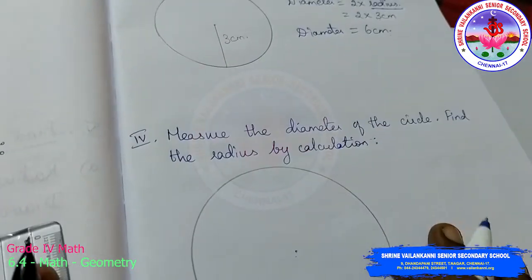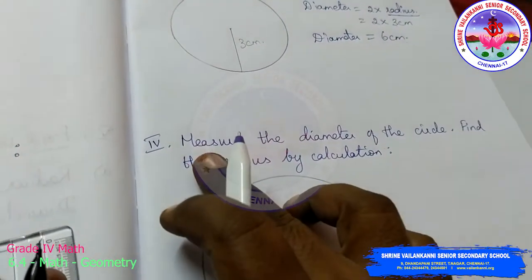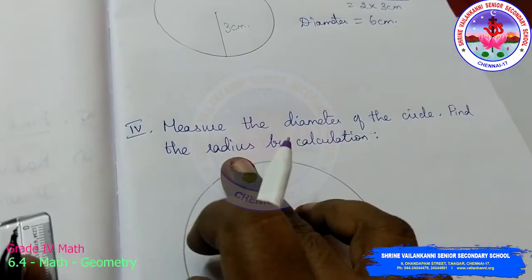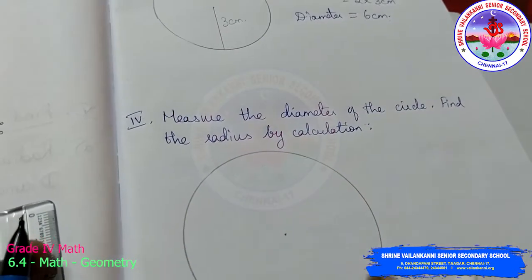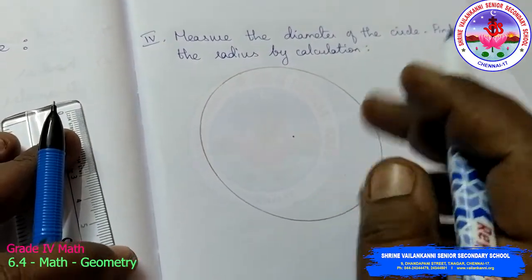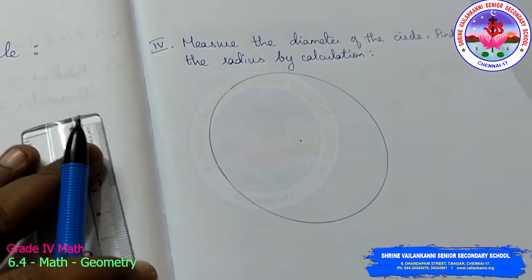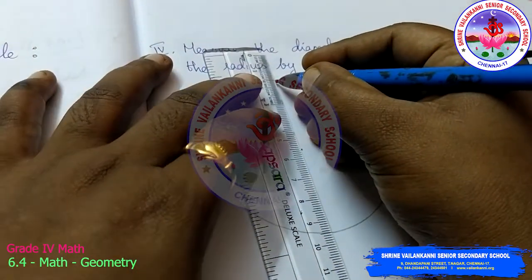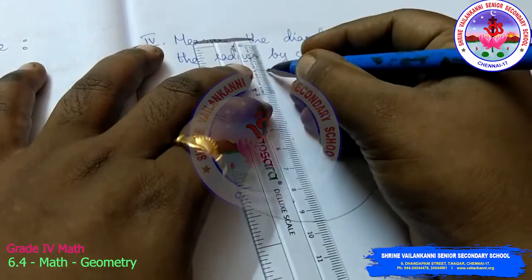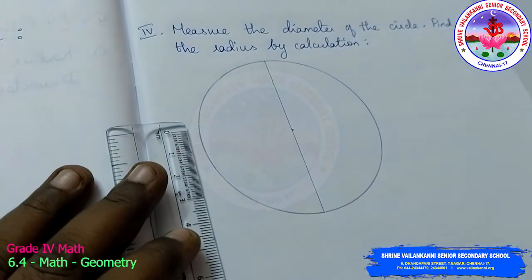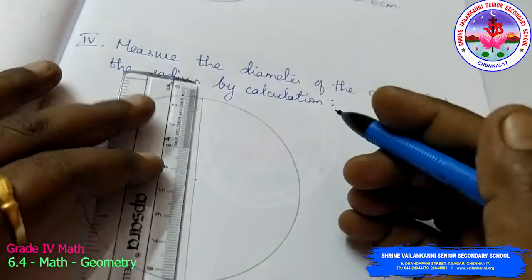Now in the same way, we are going to find the measurement of the diameter of the circle and then find the radius by calculation. The circle is given with the center point. First we have to measure the diameter. For that we draw the diameter, a line that passes through the center point inside the circle. I am going to measure this diameter.